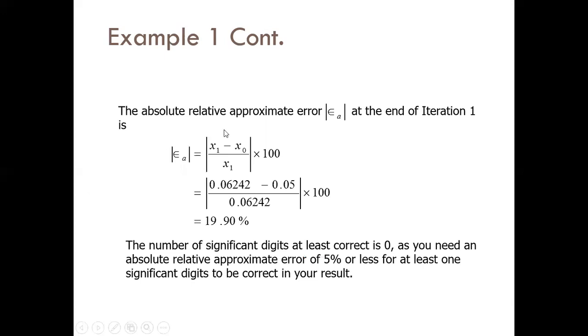This 0 is present in that number as well as in that number. Both the numbers are the same. Means after solving iteration 1, the solution is correct up to one significant digit.